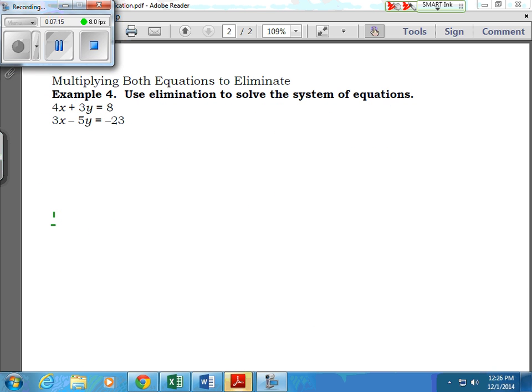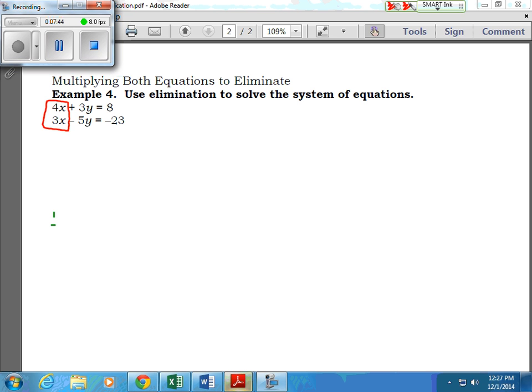Here in example 4, it requires more work to get one of the variables to drop out. I need, in either the x column or the y column, the same number with opposite signs. In the x column, the least common multiple of 4 and 3 is 12.